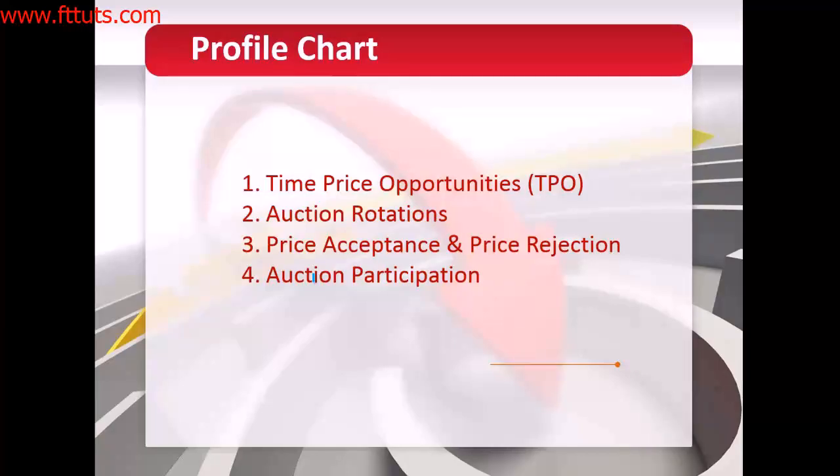And the profile, if you have the Market Delta platform with a footprint chart, will also identify for you how many were traded at the bid and how many were traded at the ask at that TPO level, at that price level. Auction rotations. This is one of the things that I love about the profile.